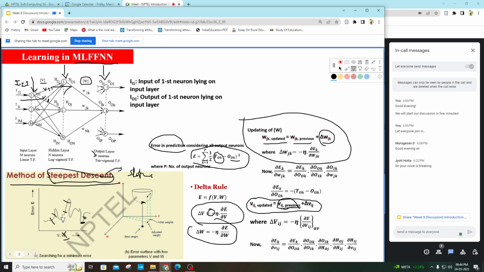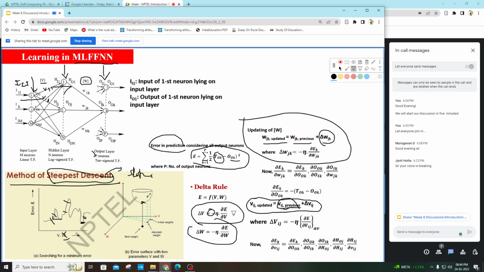But we don't want to increase the slope, right? We have to decrease the slope, so that is why the minus sign. Our slope is trying to increase in this way, but we will calculate delta V in such a way that our slope goes in this direction. I hope this is clear.